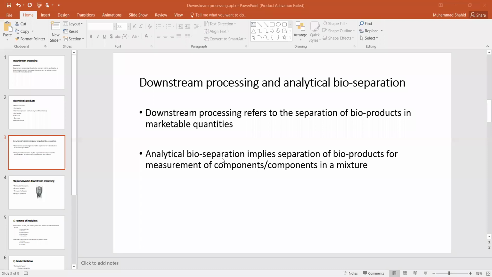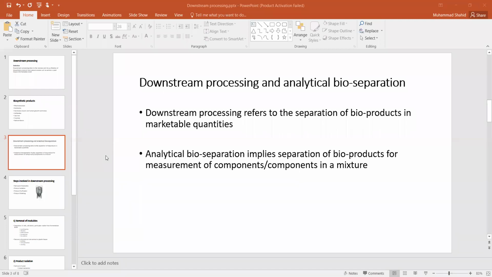So this is the minute difference between downstream processing and analytical bioseparation. Downstream processing products go to the markets. In downstream processing, we produce our desired bioproducts in huge quantities in order to market them, while in analytical bioseparation, our purpose is only to measure the single component or many components present in a mixture.